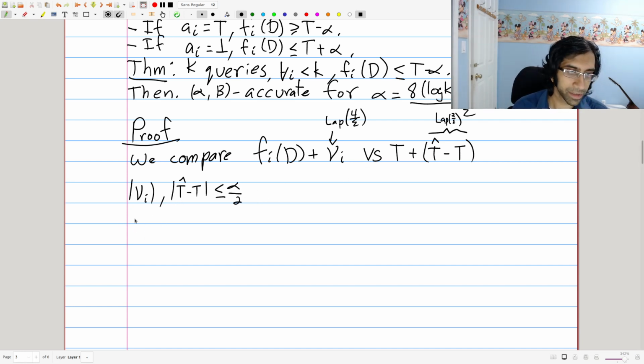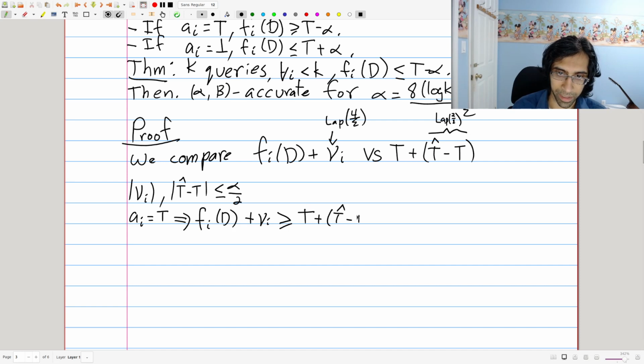Why is that? Suppose we had some a_i equal to top. This would imply that f_i of D plus nu_i is greater than or equal to T plus (T hat minus T).